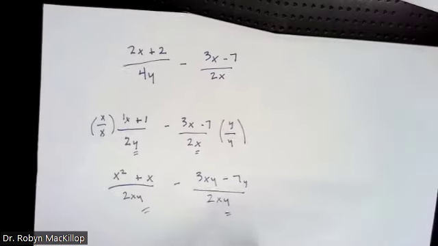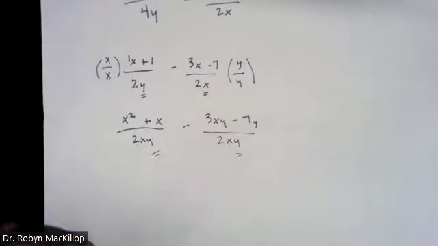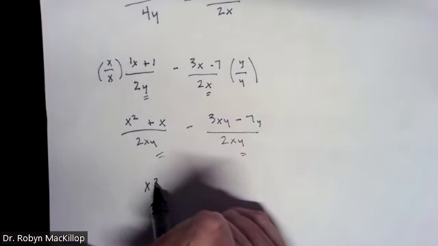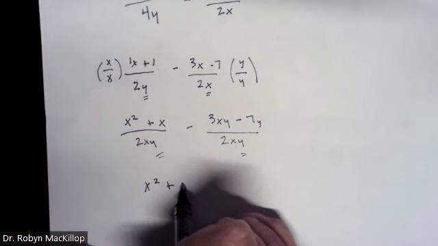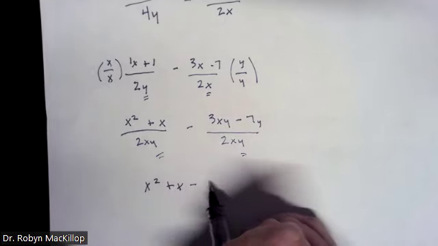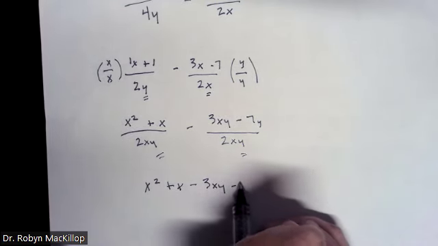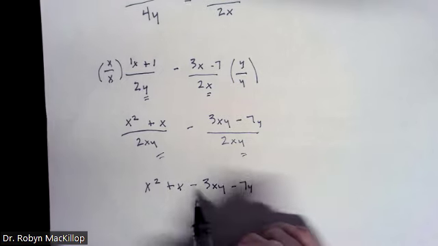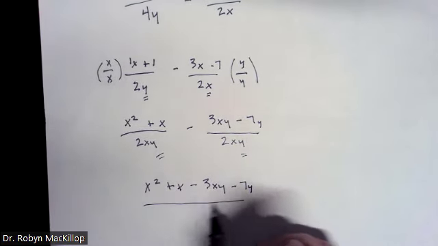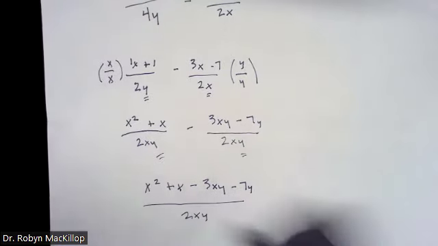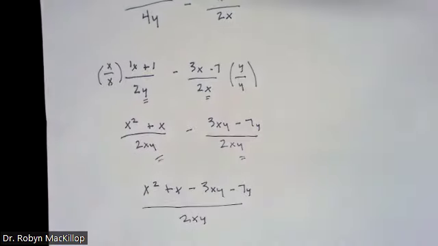So your answer to this one, you're just about done. Your answer is really x squared plus x minus 3xy minus 7y all over 2xy. That's it. A little bit crazy, isn't it?